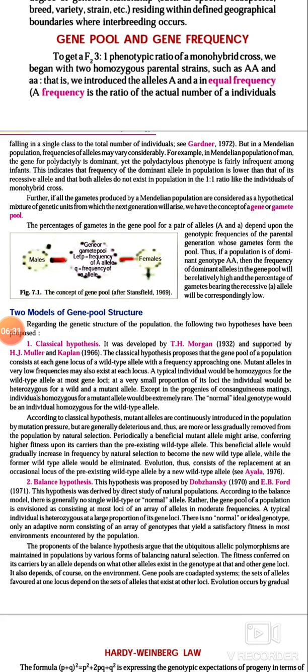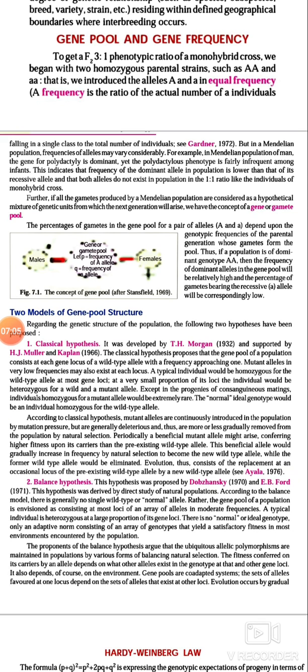Second is the balance hypothesis. This hypothesis was proposed by Dobzhansky and E.B. Ford. This hypothesis was derived by direct study of natural populations. According to the balance model, there is generally no single wild-type or normal allele. Rather, the gene pool of a population is envisioned as consisting at most loci of an array of alleles in moderate frequency.